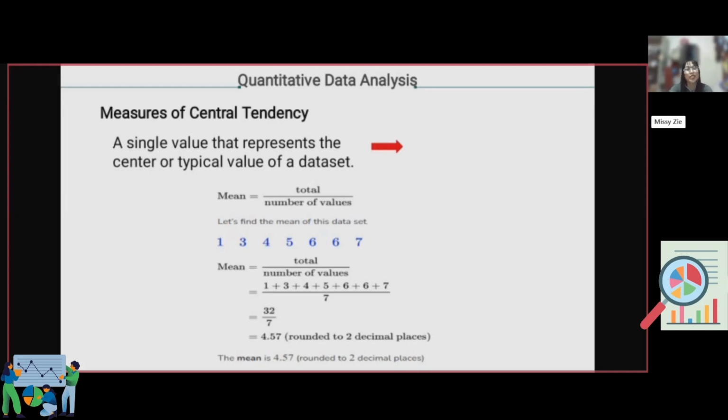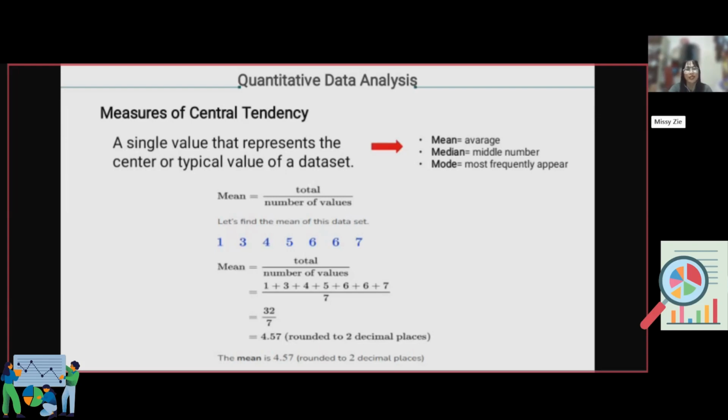According to this definition, it's a single value that represents the center or a typical value of a data set. We have the mean equals average, median equals middle number, mode equals most frequently appearing.